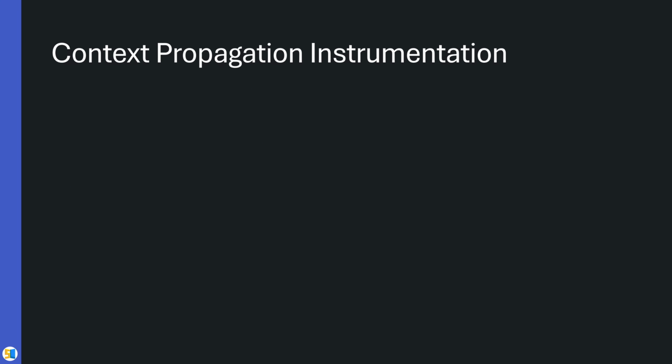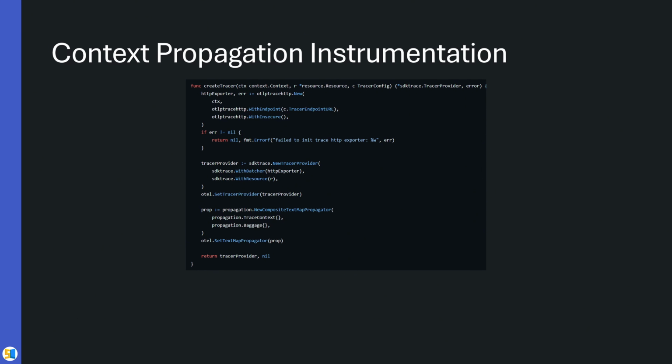So how do we instrument the context propagation? If we use HTTP, for example, here we can set the propagation with a new composite text map propagator.